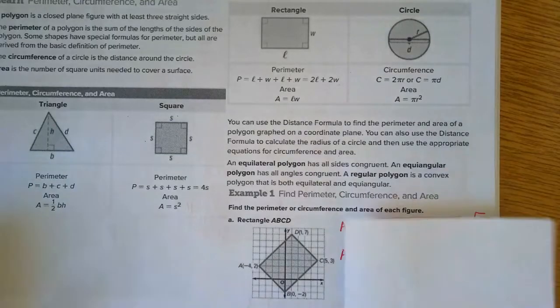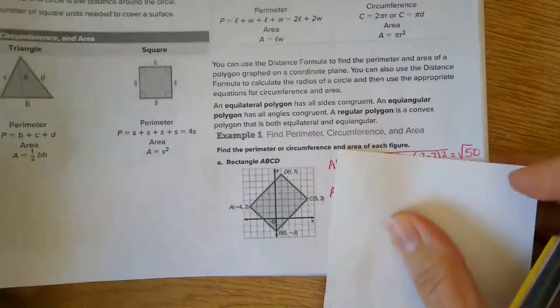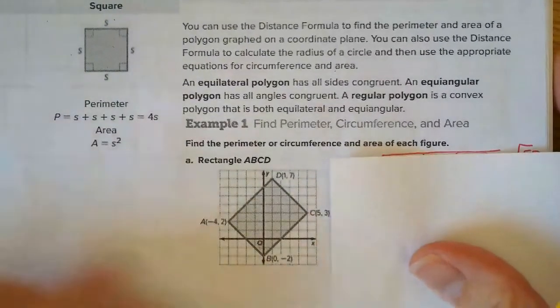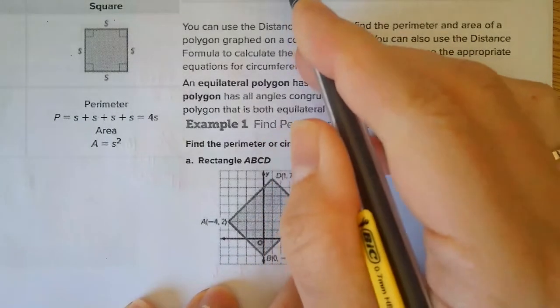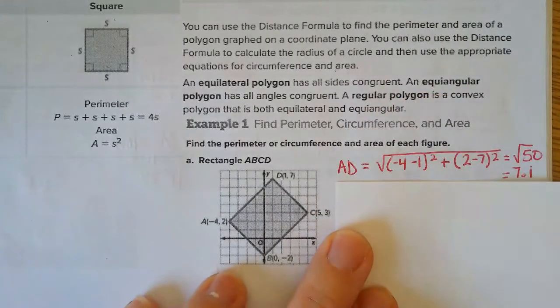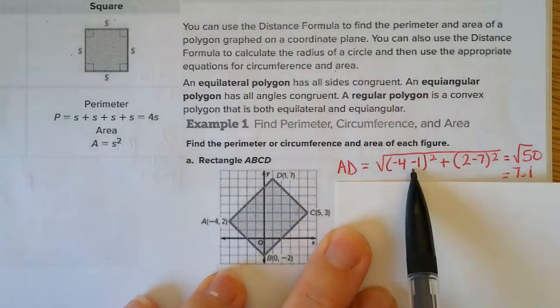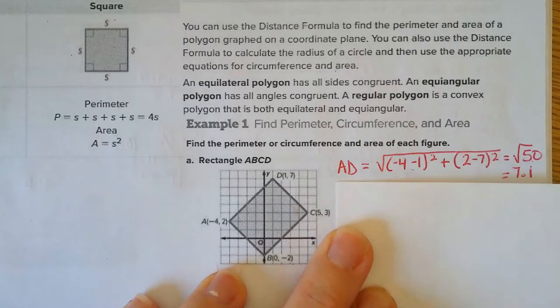Take a look at that first example. It's asking us to find the perimeter or circumference and then also the area. So the first thing we have to do is find the length of the sides since I have a rectangle. So I use the distance formula. So I did -4 minus 1 and 2 minus 7 and found the square root of 50, which is 7.1.